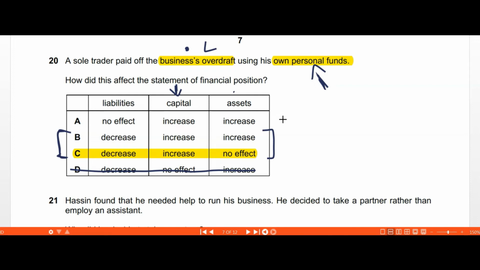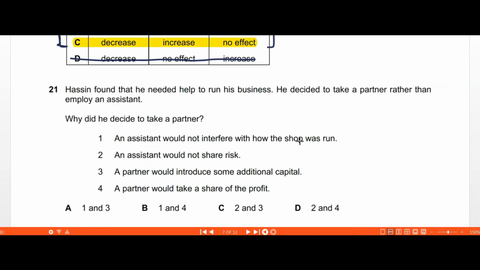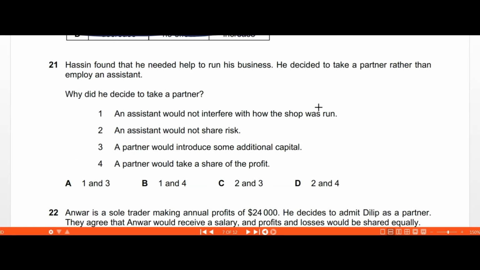If we only had one option where liability was decreasing, we would have easily selected that, but as you saw, I had to go on and look at the effect on assets because there were two options for me. So I hope the way I am solving these is helpful to you and you are able to grasp this skill. Moving on to question number 21.